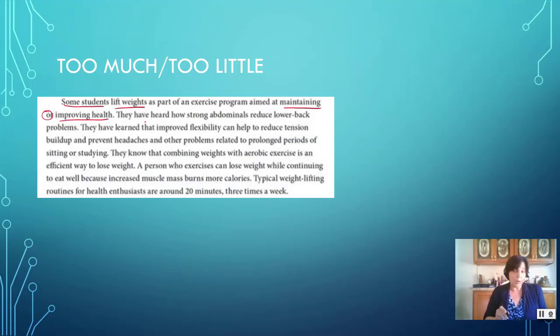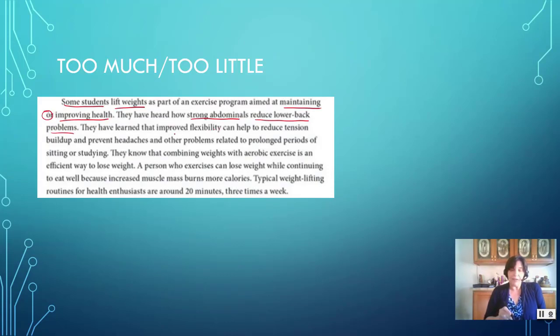That would correspond with her number 1 that she had just listed. "They have heard how strong abdominals reduce lower back problems."